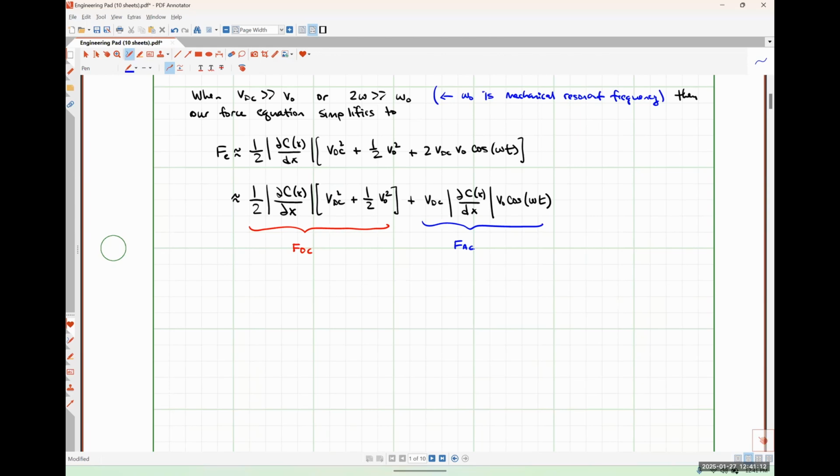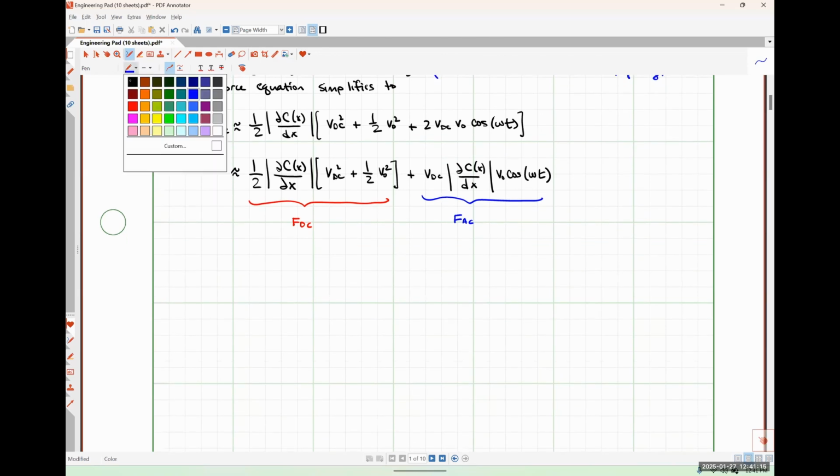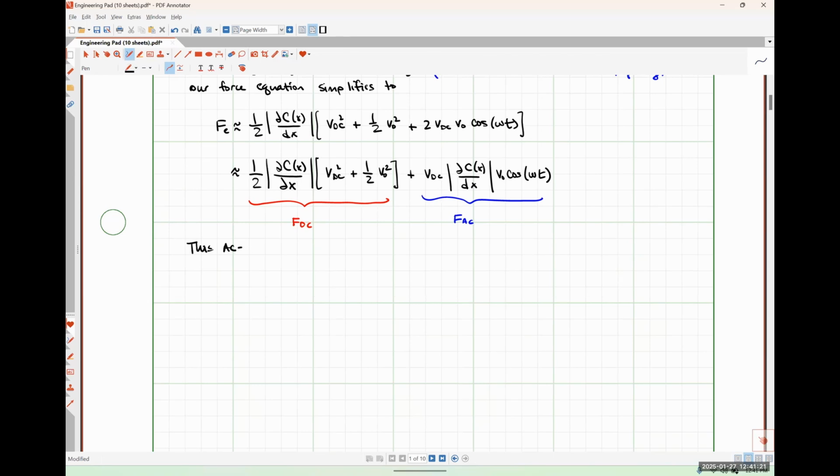Okay, we can rewrite this AC force in terms of what's known as the electromechanical transduction factor. If we take our force FAC as VDC times the derivative of capacitance with respect to displacement times V naught cosine, sorry, that shouldn't be an omega naught, that should just be omega.